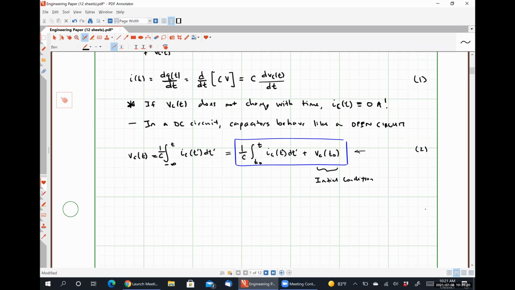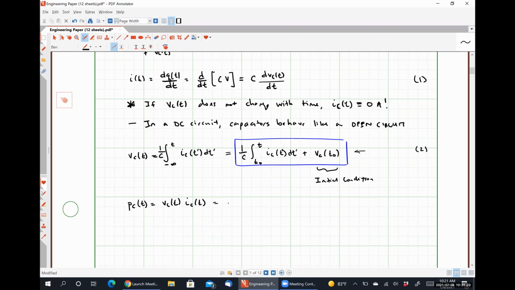The power absorbed by a capacitor is, by definition, so I'll call this P_C(t), the voltage across the capacitor multiplied by the current flowing through the capacitor.